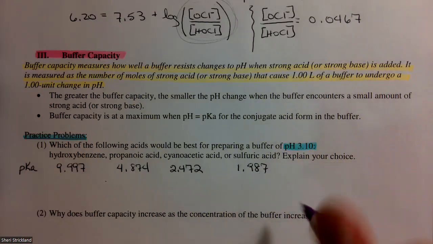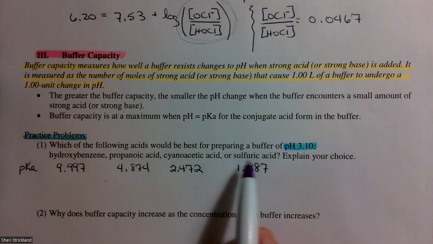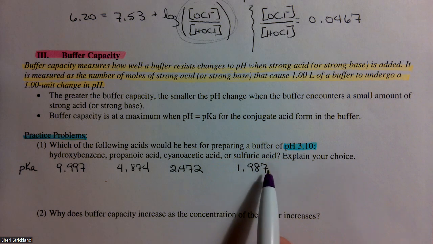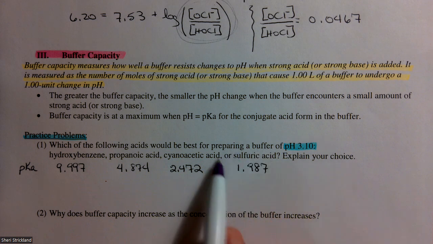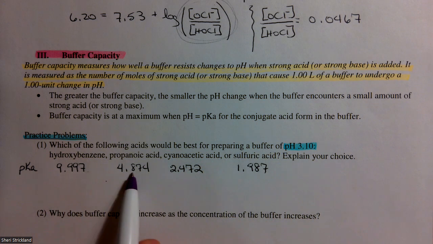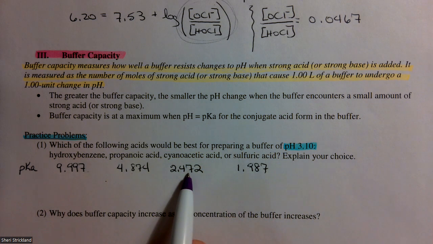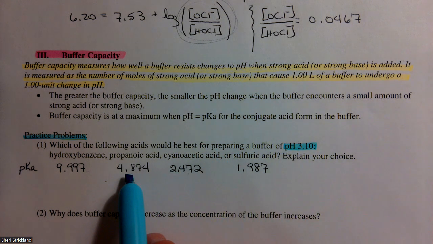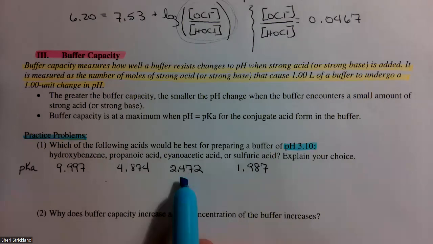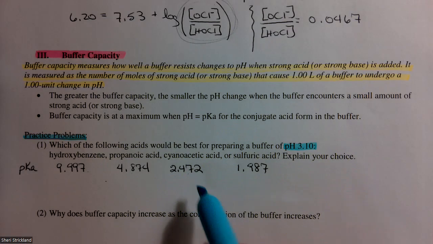1.987. And if you went, wait, sulfuric acid is a strong acid. That can't be what we use. That's correct. We're looking for a weak acid. And you know the sulfuric acid is on the strong acid list. So it's got to be one of these three. And so the one that's the closest, I think, this one is high by 1.8-ish, and this one is low by less than 1.